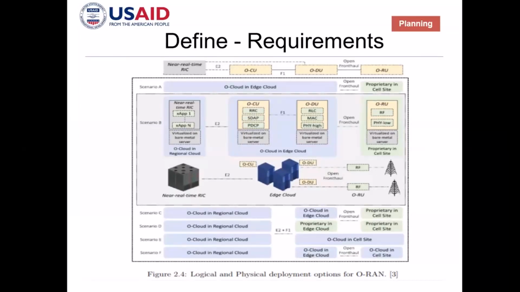And come up with each and every requirement for each segment of the architecture. So for example, your distributed unit, your central unit, radio unit, you will have to define all requirements for each major category of the architecture.